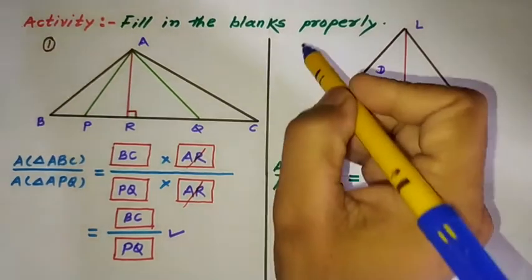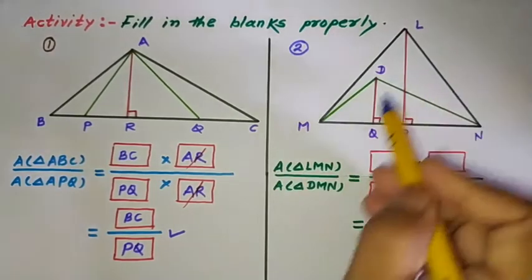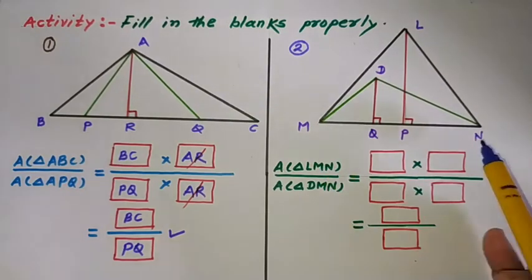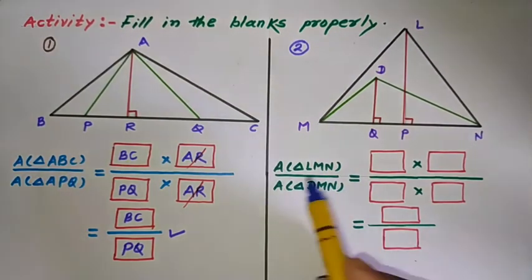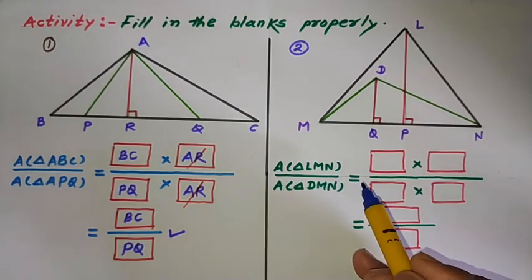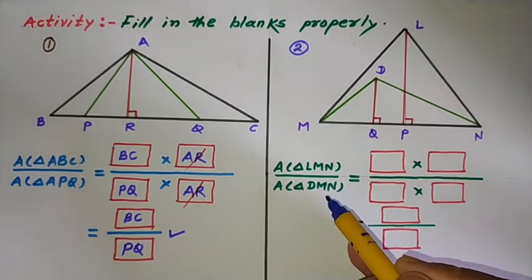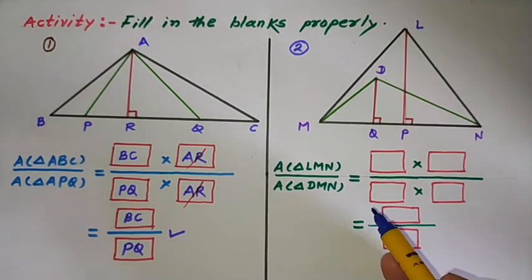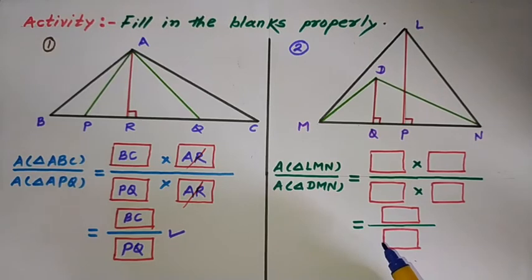Next, second activity. See the figure. In the given figure, triangle LMN and triangle DMN. We know that the ratio of the areas of any two triangles is equal to the ratio of the product of their bases and corresponding heights.